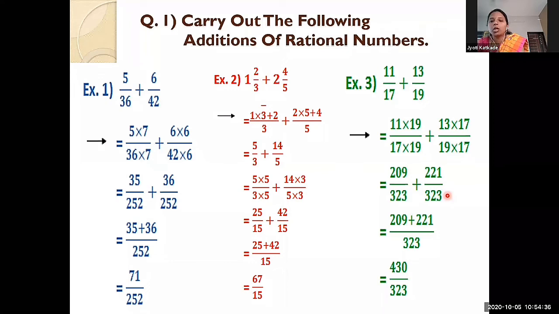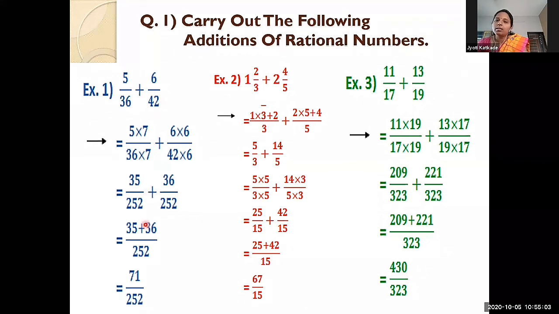Now the denominator is the same, and you know that when the denominator is the same, then add numerator with numerator. 209 plus 221 divided by 323, we get 430 divided by 323. All of you understand it?